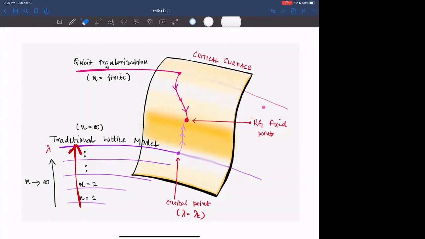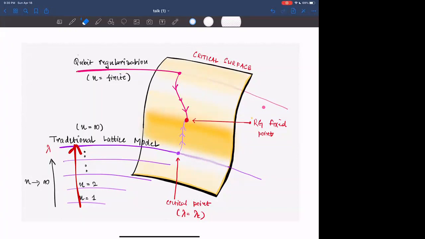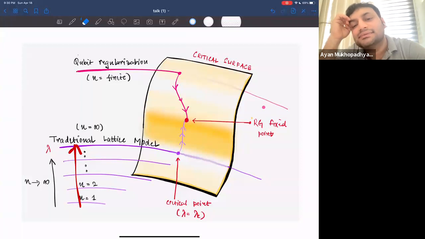The irrelevant operators are free; they're not determined by this tuning. Any point on the critical surface represents a massless theory with some irrelevant operators. The fixed point has a very specific value for those irrelevant operators.